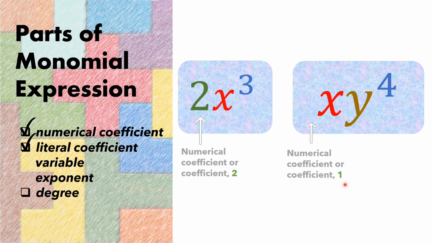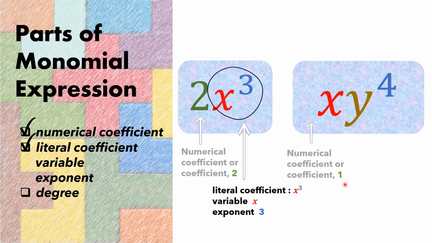There are two parts of literal coefficients of a monomial. In the first example, we have x cubed, and this literal coefficient is composed of the variable and the exponent. The variable here is x and the exponent is 3.